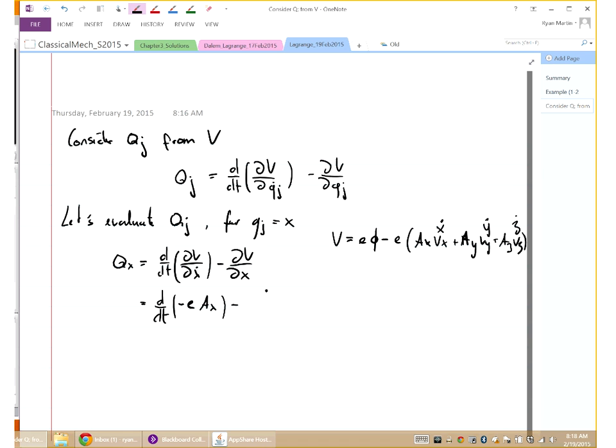So now both potentials, phi and A, can depend on position, right? They're fields, so they're different in different positions in space. So ∂ by ∂x of both phi and A are non-zero. First we have ∂ by ∂x of the first term, so that'll be minus e ∂phi by ∂x.